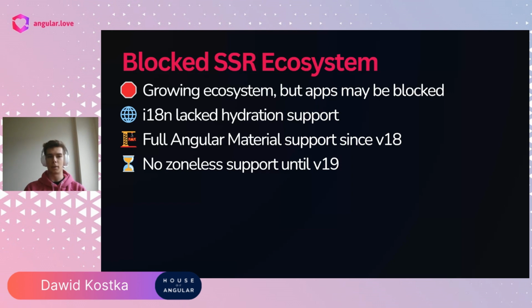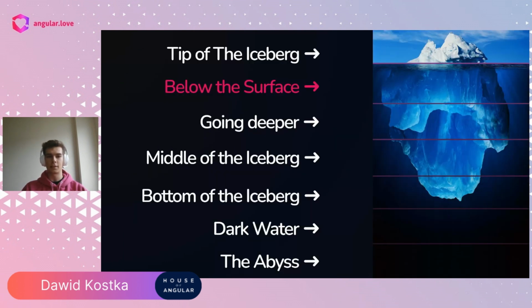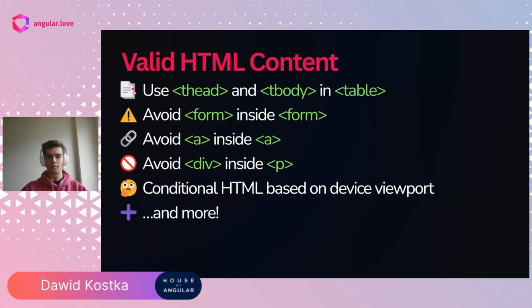So with that in mind, let's go into another section where we will discuss a very important thing in the case of SSR, which is of course writing correct HTML. When SSR hydrates the content, it compares the content from the server side with the one that is on the client side. So we have to use correct HTML code. For example, we have to use the thead and tbody tags within the table.